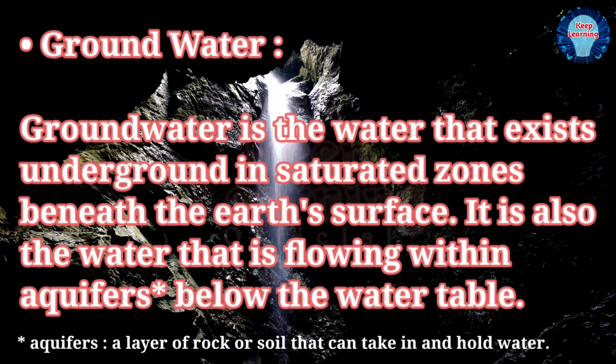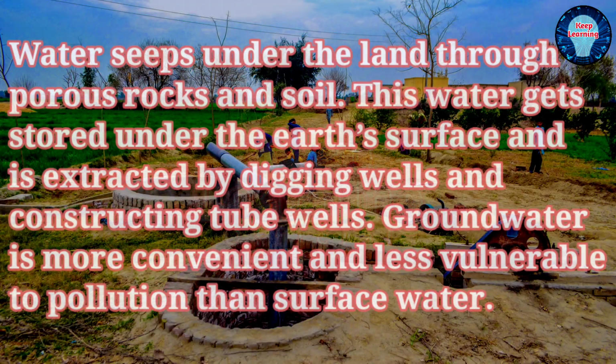Groundwater. Groundwater is the water that exists underground in saturated zones beneath the Earth's surface. It is also the water that is flowing within the aquifers below the water table. Water seeps under the land through porous rocks and soil.